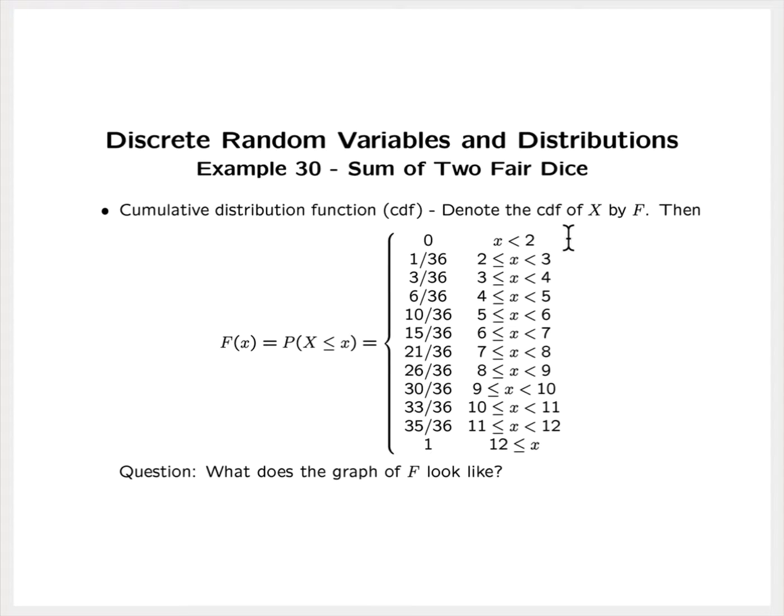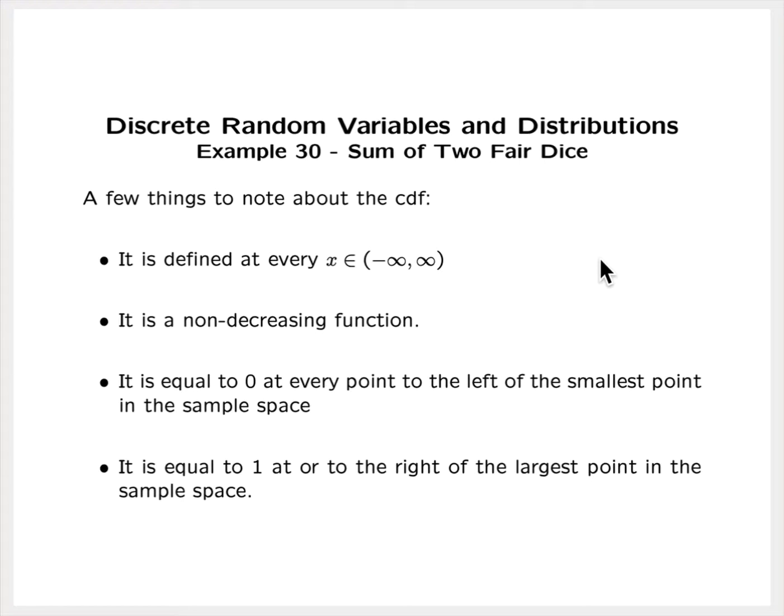And we can tell here that it's going to be a step function, just as the CDF in the last example is a step function. In fact, you probably realize at this point that for any discrete random variable, the CDF is going to be a step function. Okay, so let's talk about a few characteristics of this CDF before we show the graph.